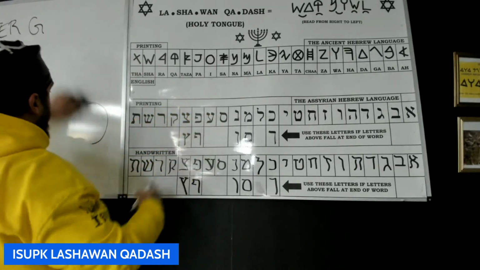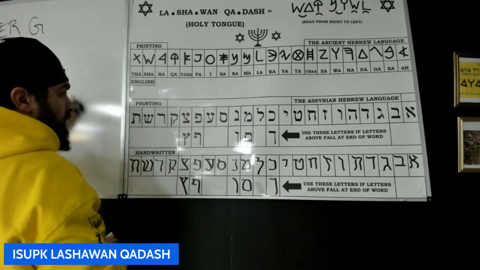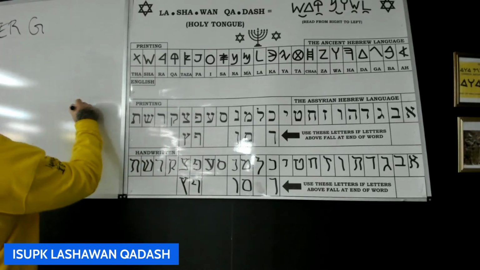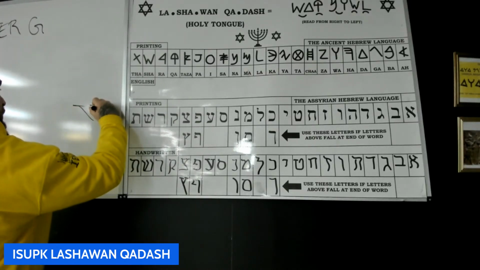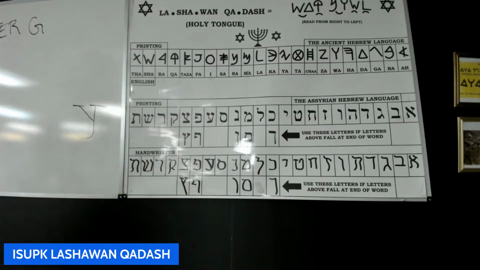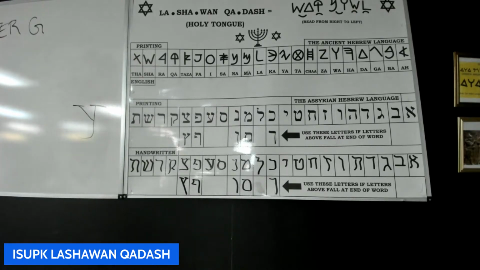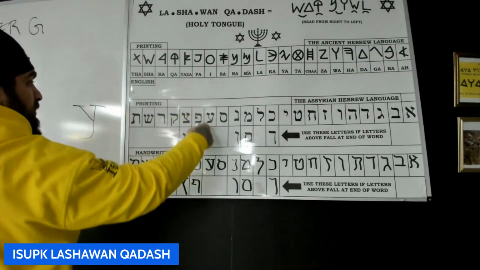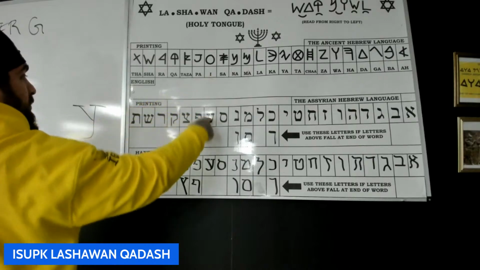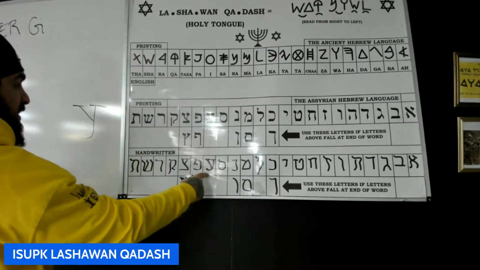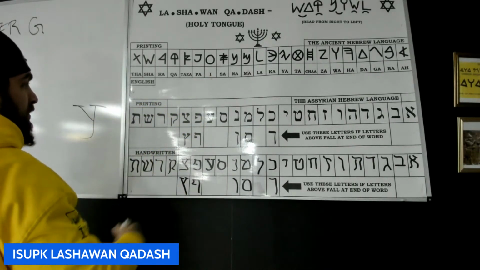Next one we got is I. Same thing like this. This is the I in Assyrian. This is how it's actually printed out if you handwrite it.